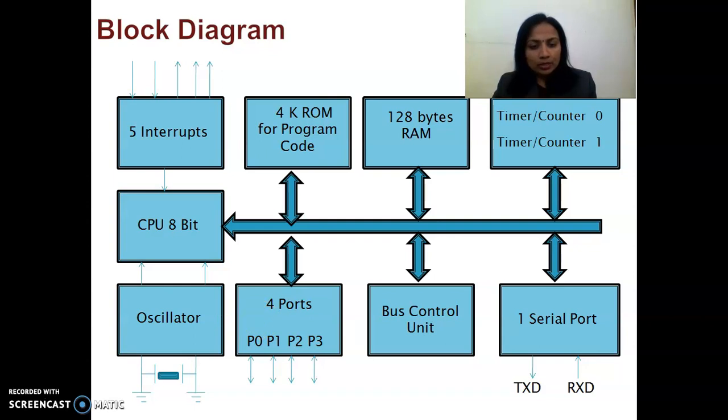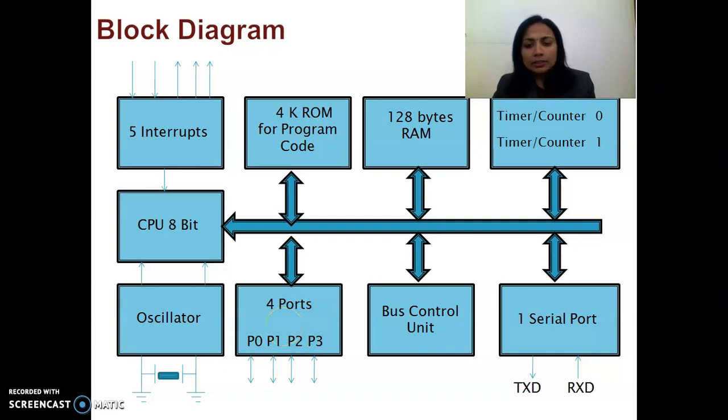Each port consists of 8 pins, which can be used as input or output pins. Out of these 4 ports, P0 requires external pull-up resistors. The third block is the bus control unit.